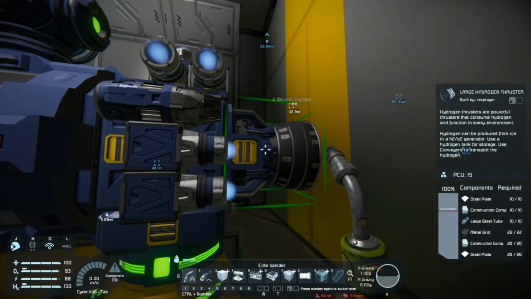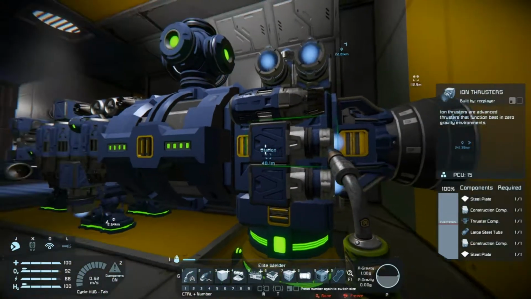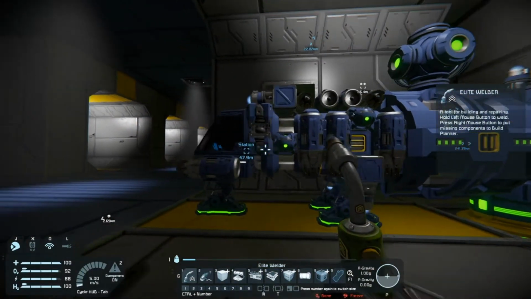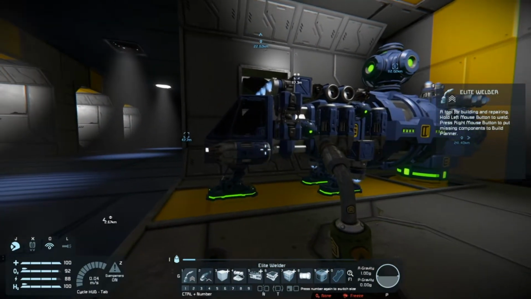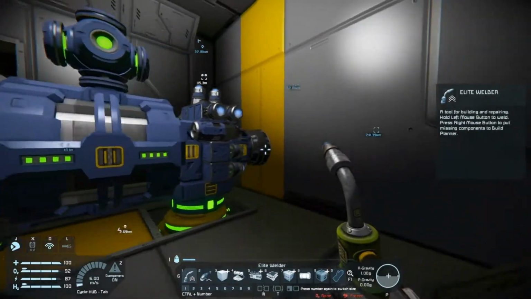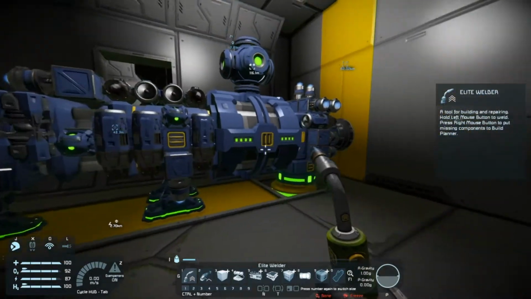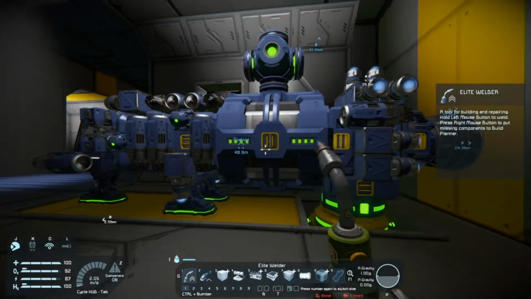And it takes a lot of fuel to do that. However, I did learn a trick that we will be showing you when we're getting off the planet of how to manage your fuel system.